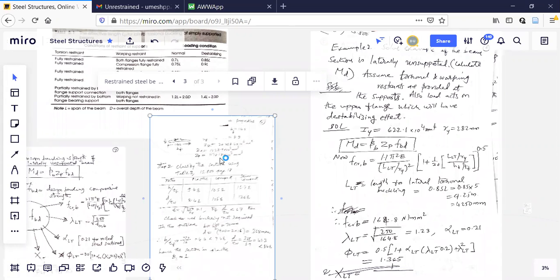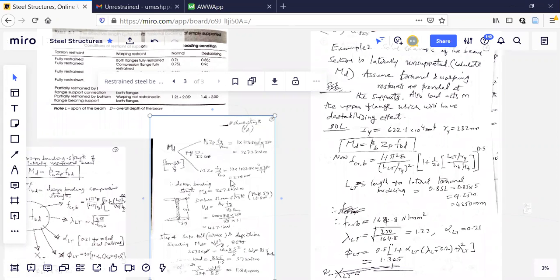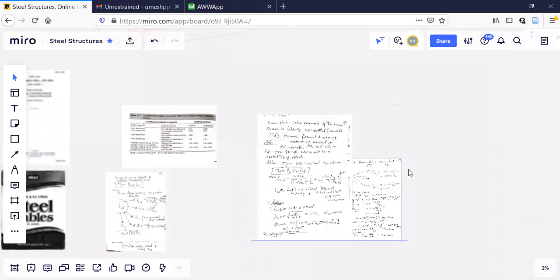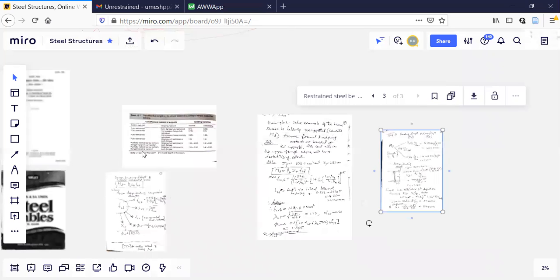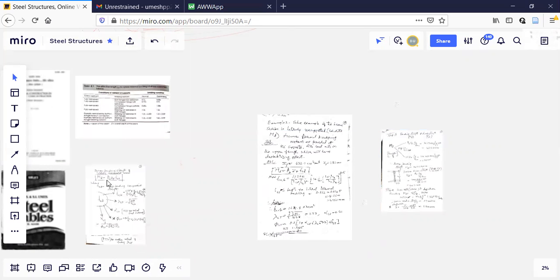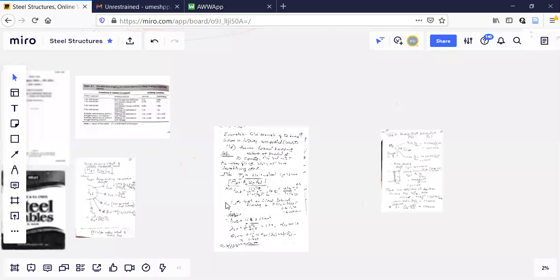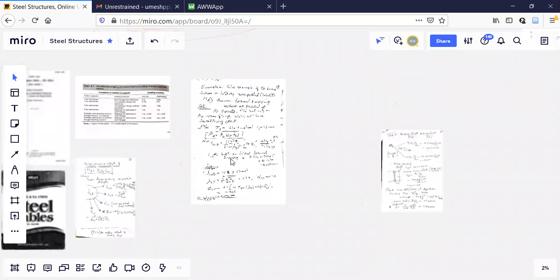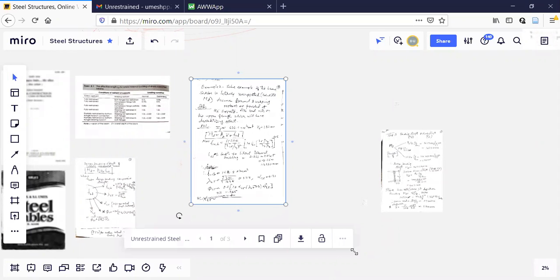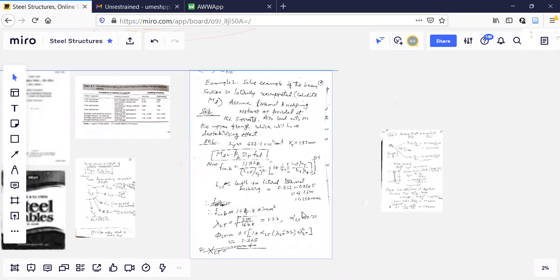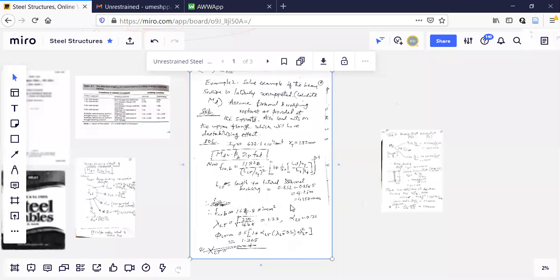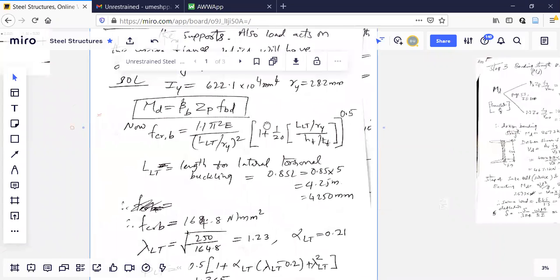This is actually laterally restrained. I have solved that in the previous class, and it is already uploaded. I think this is not required today. Only I need this page as well as this. Okay, totally 3 pages are there. Now observe this one here.